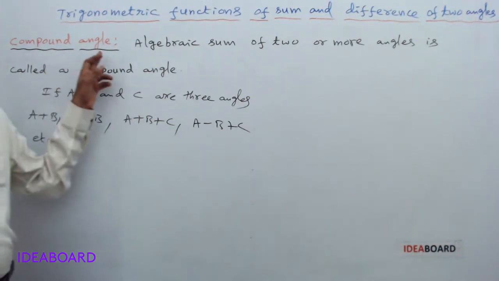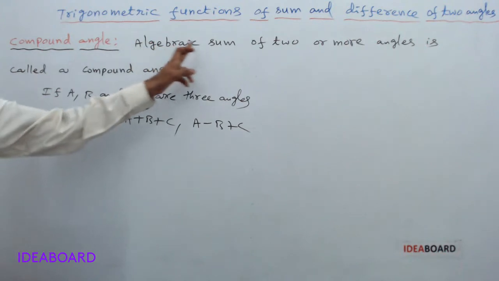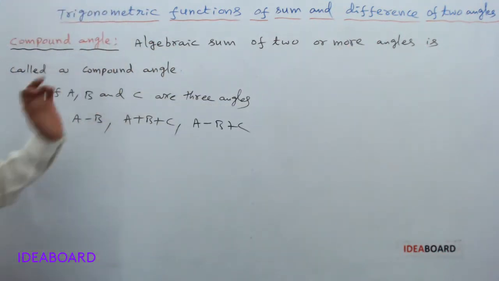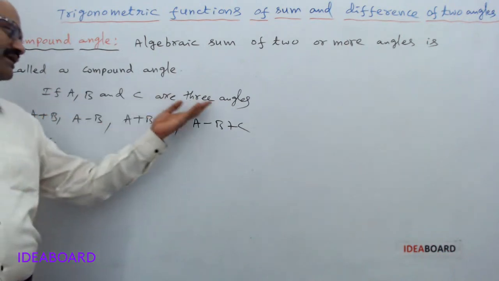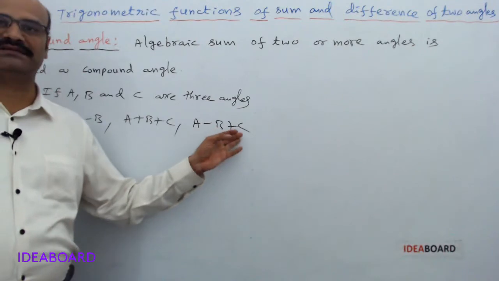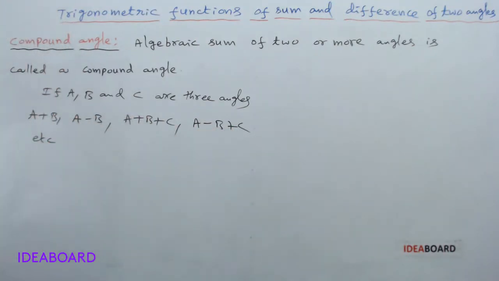So the definition of compound angle is: the algebraic sum of two or more angles is said to be a compound angle. If A, B and C are three angles, then A plus B, A minus B, A plus B plus C, A minus B plus C are called compound angles.